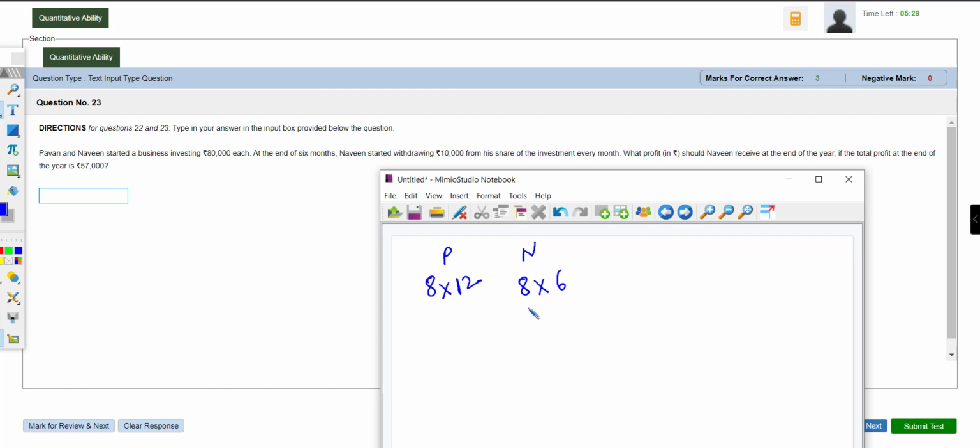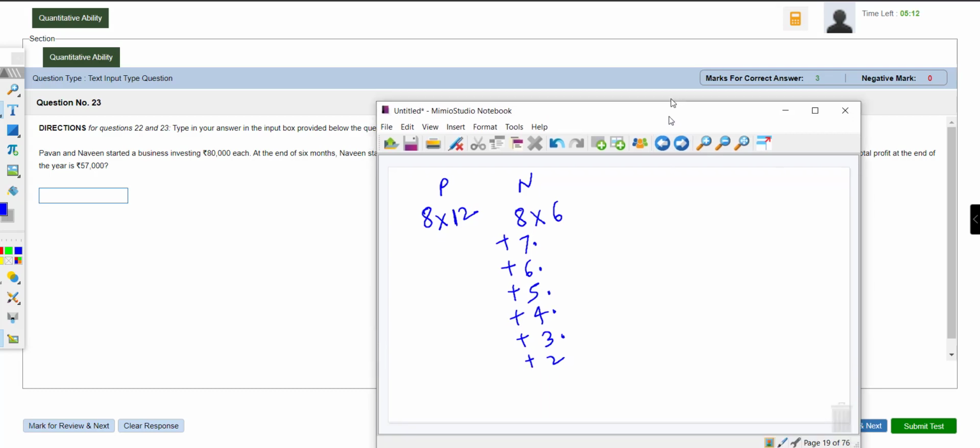For the 7th month, the investment will be how much? 7. Then 6, then 5, then 4, then 3, and the last month is 2. This is for the 7th, 8th, 9th, 10th, 11th and 12th months. Now we need to add.